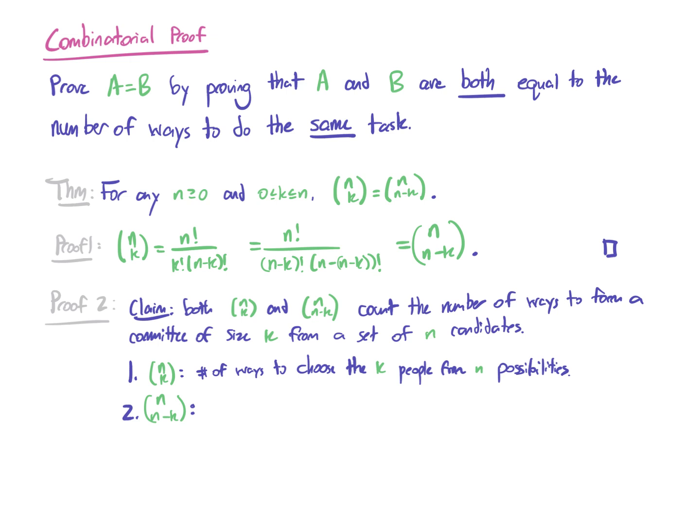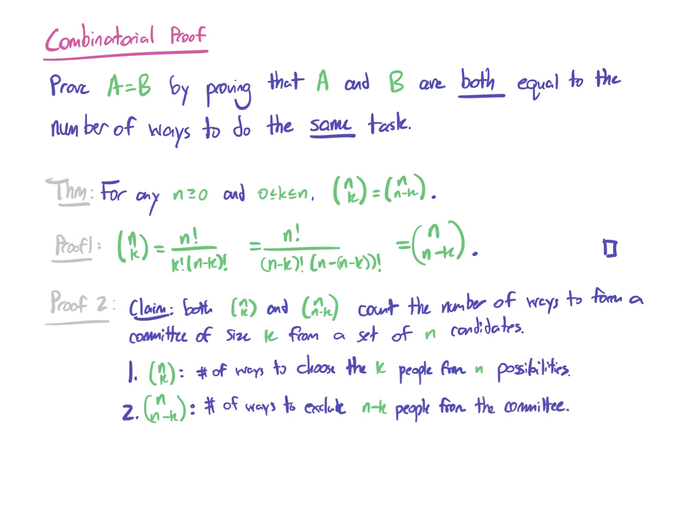If I tell n minus k people that they're not on the committee, the remaining k people must be on the committee. So in either way, I would specify the same set of k people. So in other words, I can consider n choose n minus k to be the number of ways to exclude n minus k people from the committee.